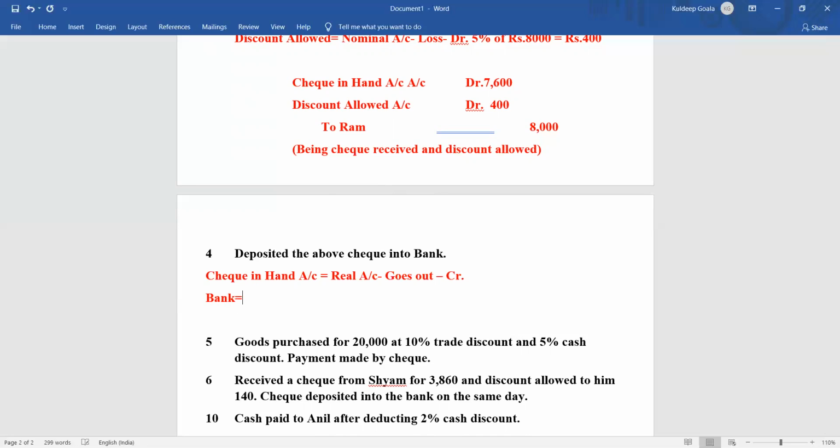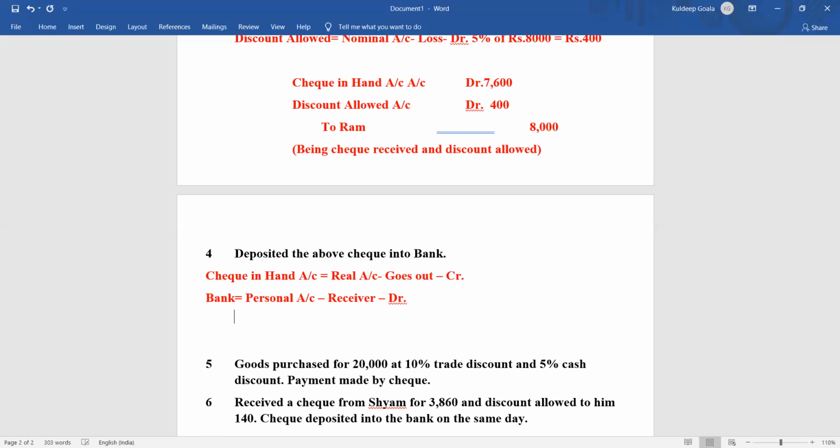The next one is the bank. If we take the name of the bank, then it's a personal account. What happens with a personal account? Debit the receiver, credit the giver. So the bank is receiving the check, the bank is a receiver, so bank will be debit. Clear?